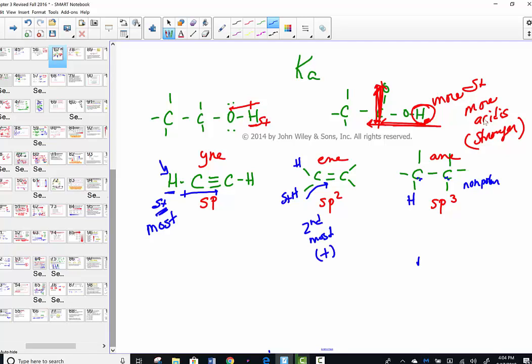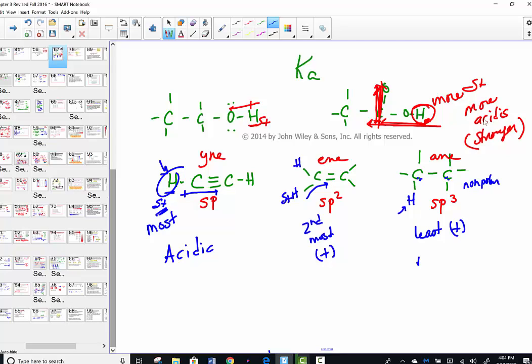And in the single bond, this would be the least positively charged hydrogen. So although this is a nonpolar bond, it's a very poor acid because there's no unequal distribution of the charge at all. So a triple bond is more acidic than a double bond, which is more acidic than a single bond.